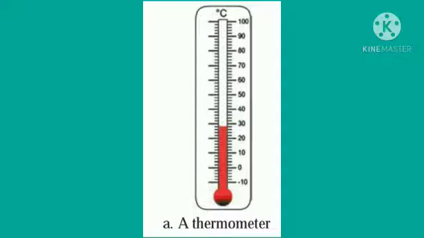The rest of the volume of the tube has vacuum and its other end is closed. The bulb is kept in contact with the object whose temperature is to be measured so that its temperature becomes the same as that of the object.